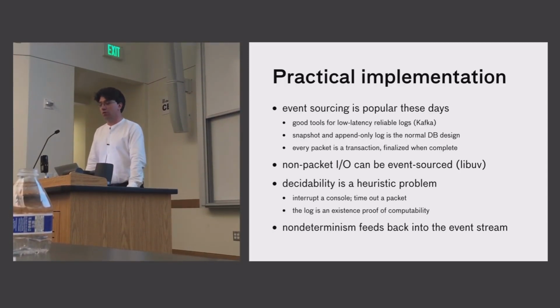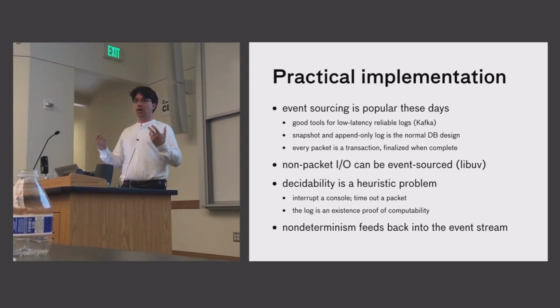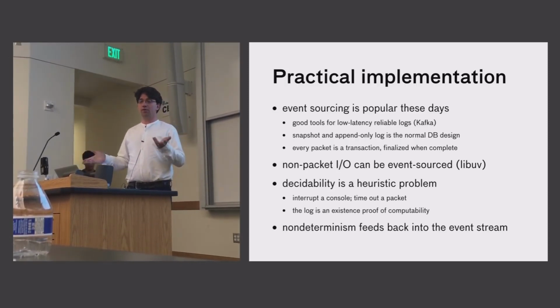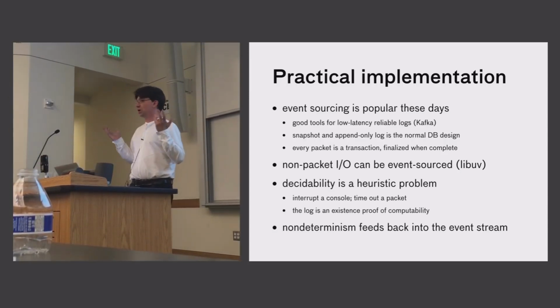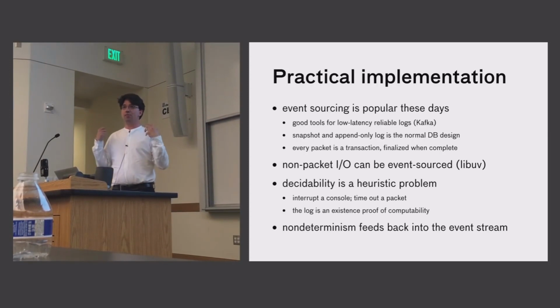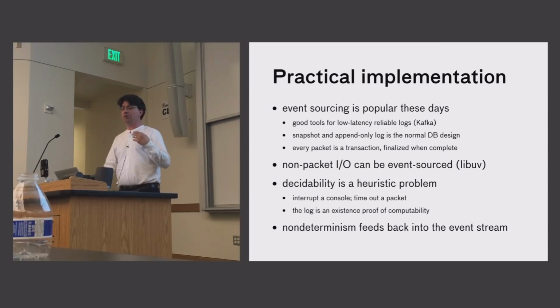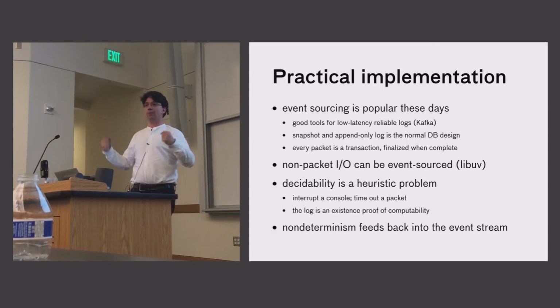Kafka isn't the greatest thing in the world, but it works fine. Normal databases are defined in terms of an append-only transaction log and an image snapshot. So you're building this the same way a normal database is built. You're saying every packet is a transaction, and it works great. You can also do non-packet I/O, but I like to think of an abstract computer as just packets in, packets out.